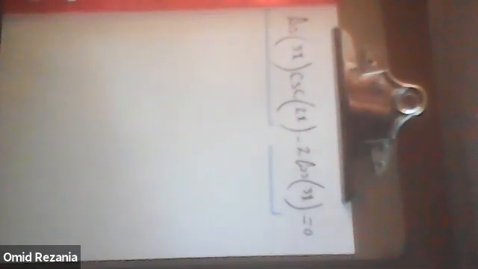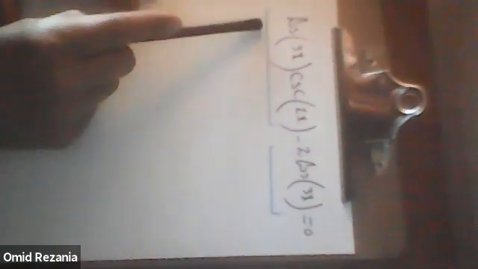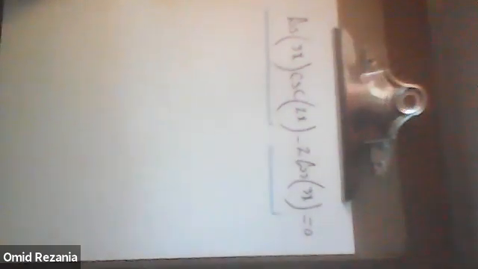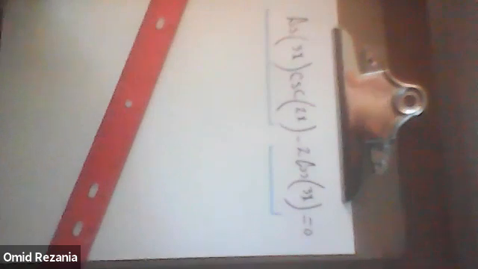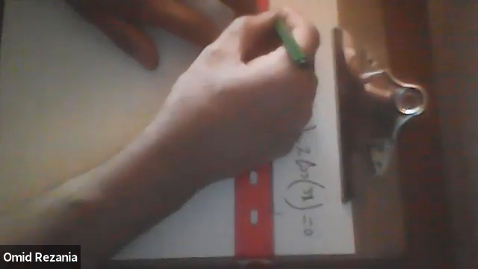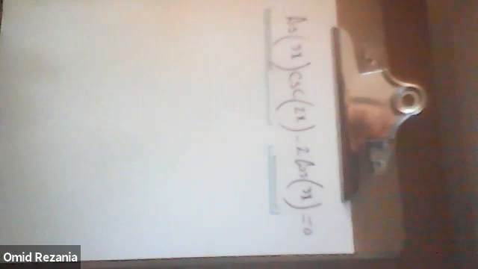Now, look at this. On the first term and the second term, there are two terms which are exactly the same, which is cosine of 3x.